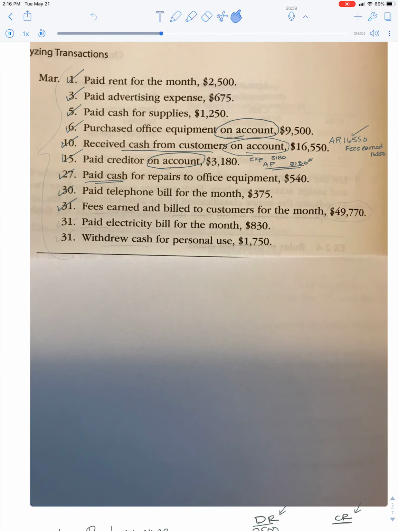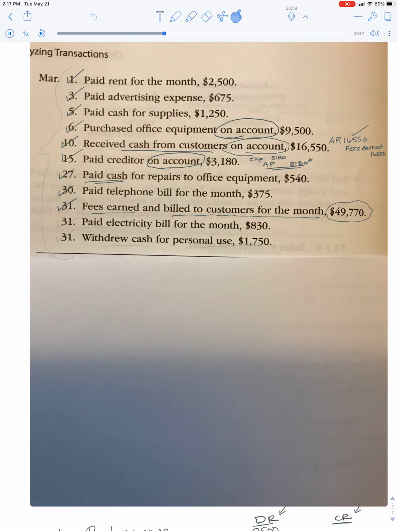On the 31st, we have fees earned and then billed to customers for the month. So this is services we've provided, but we didn't get paid yet. We're just going to send a bill, but we want to show that we've earned that $49,770.